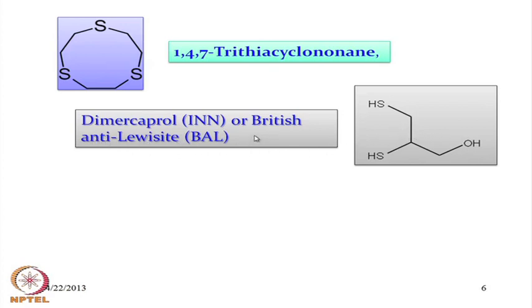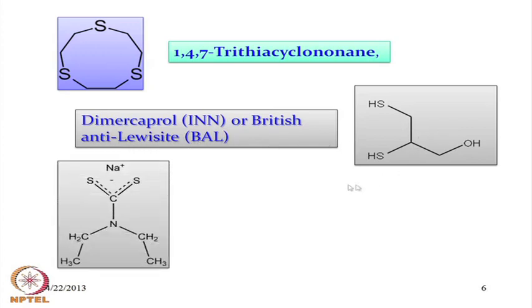And during World War II, this has been developed as dimercaprol or British anti-lewisite molecule, we call it, because it binds heavier metal ions like cadmium, zinc, mercury and all these, which are very much poisonous.